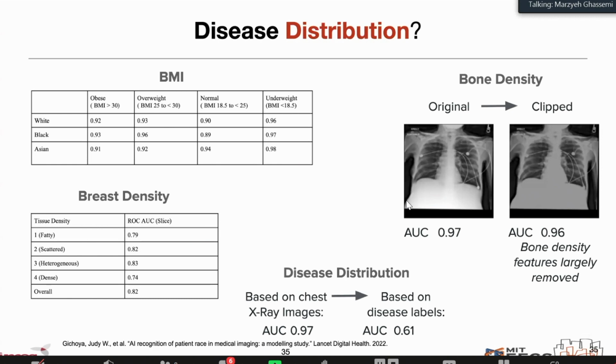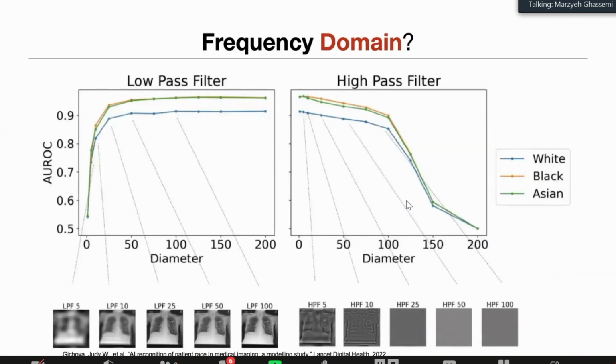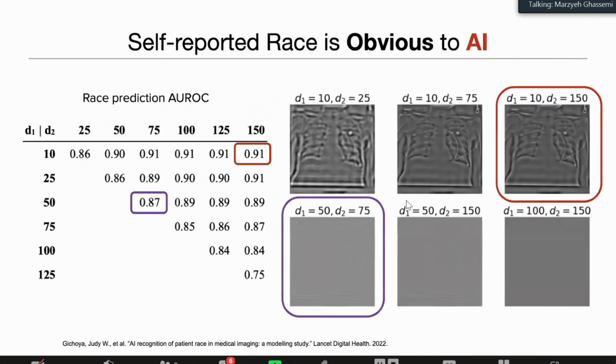We also tested a bunch of other things. It's not high or low pass information exclusively in the frequency domain. In fact, if you band pass filter, meaning you only select very specific short frequency ranges of these images, you can still see very, very high performance of models, even when the chest x-ray image itself doesn't really look much like a chest x-ray anymore.